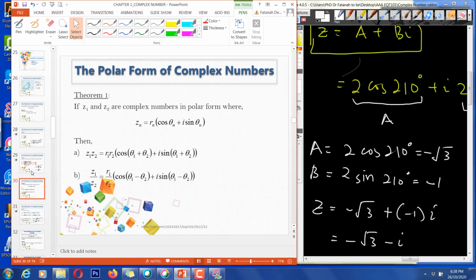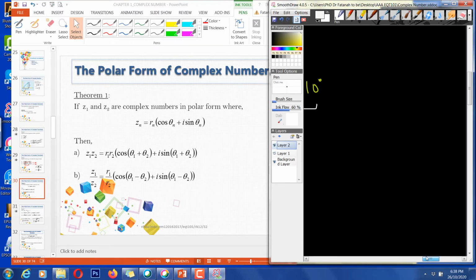We can do it separately, like this, to prove this theorem.